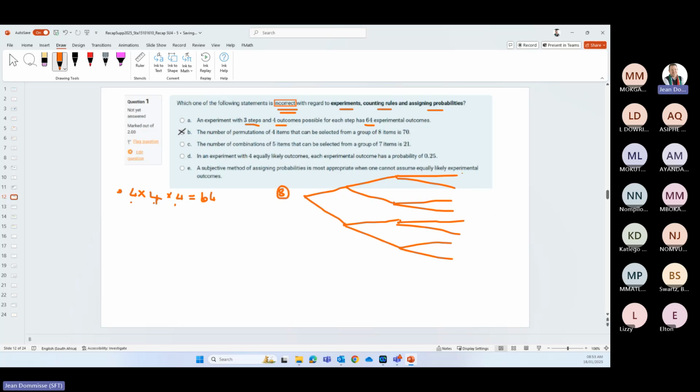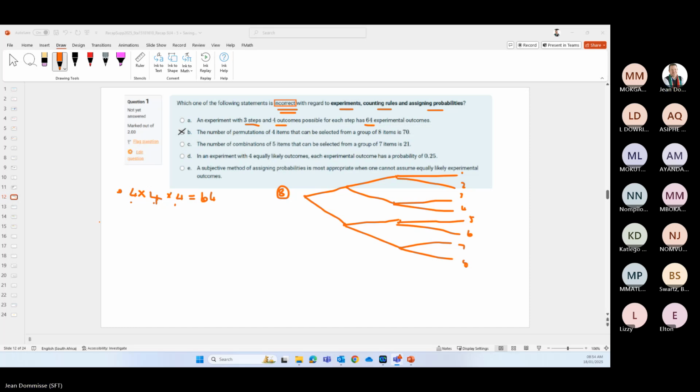If you look at it: 1, 2, 3, 4, 5, 6, 7, 8. Okay, so that is just a visual of that 2 by 2 by 2.